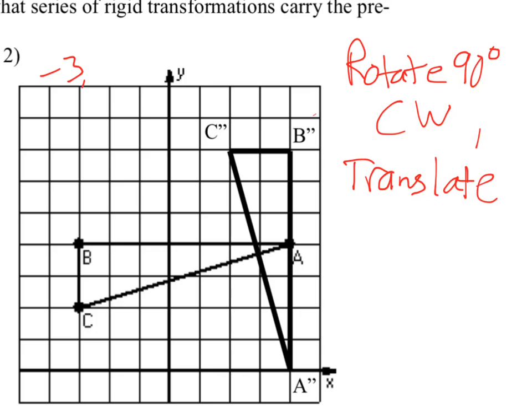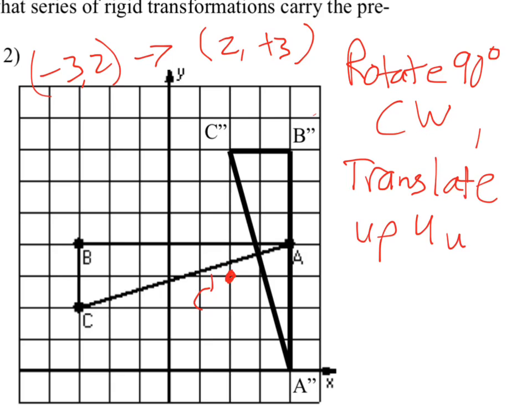If you rotate 90 degrees clockwise, you have to change the order to 2, 3 and change the sign on one of them, so it's going to be at 2, 3, which is right there. That's where C prime would be. We have to move it up 1, 2, 3, 4, and we'd get the end result. So we need to translate up 4 units.